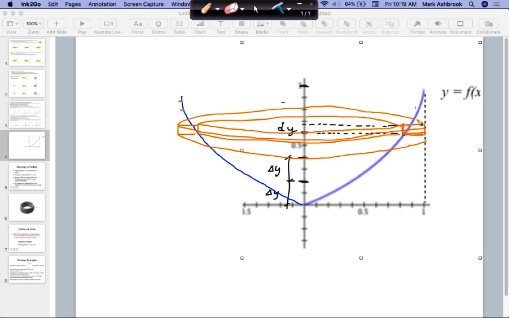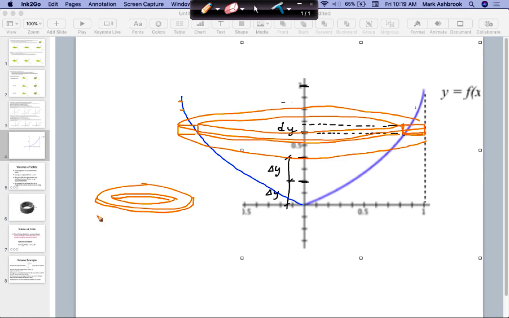Oh, that's really confusing. So let me try to make that easier. So it looks something like this. That's what I'm attempting to draw there in that delta y interval starting at 0.6.